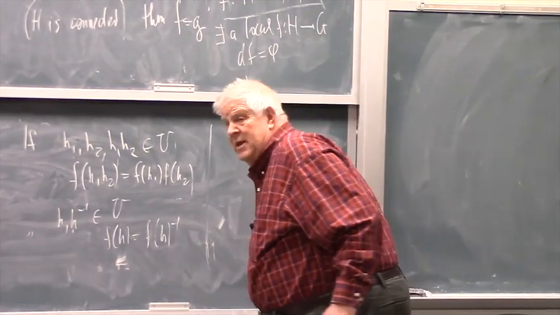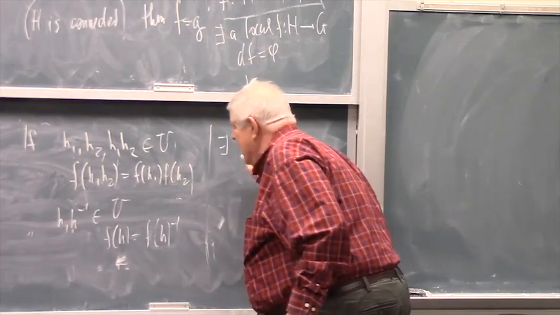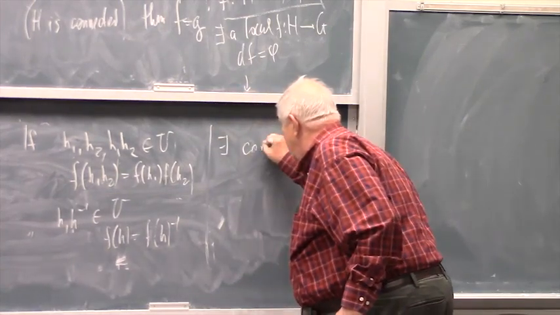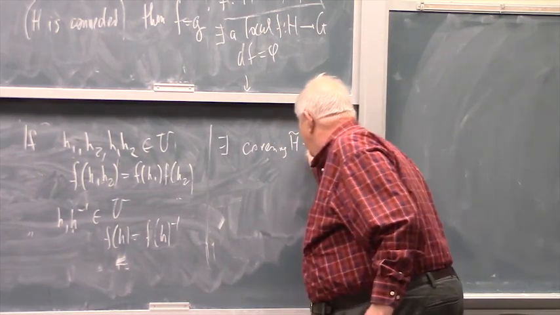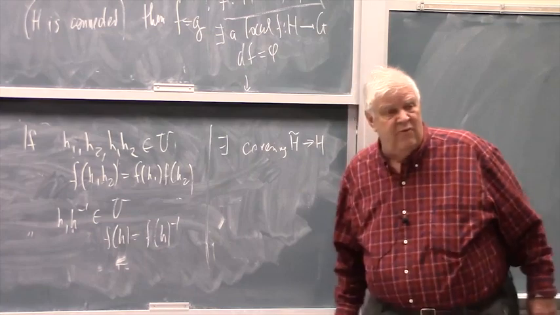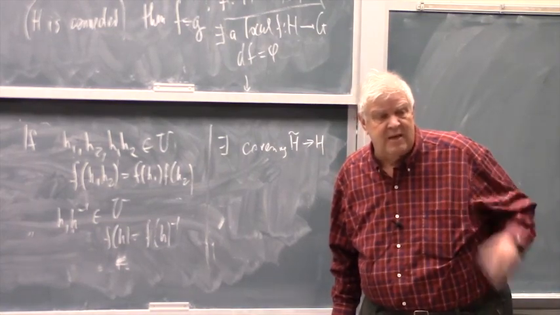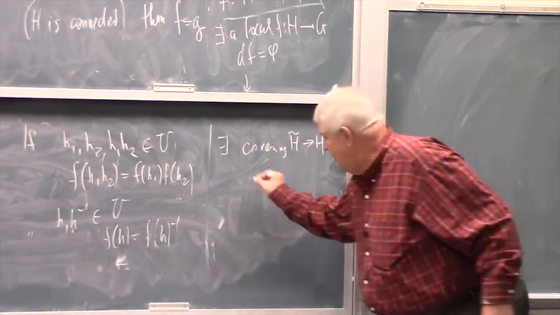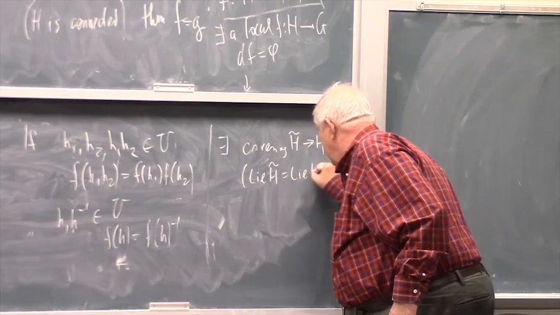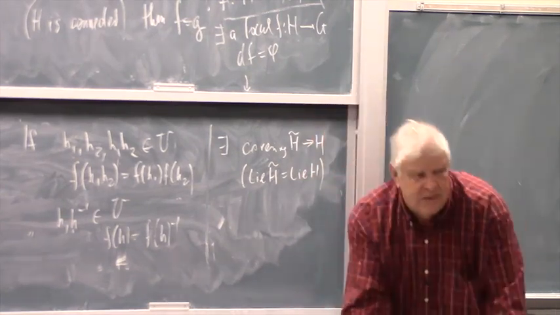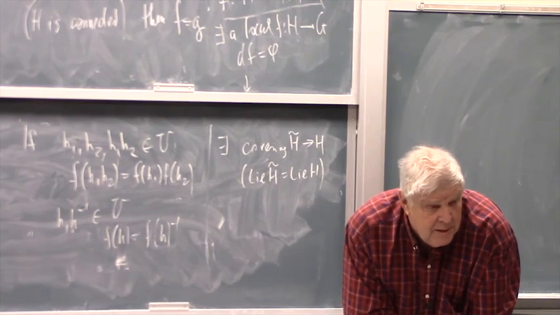Now, another statement. There exists a covering H tilde of H. This operation does not affect the Lie algebra. The projection is a local diffeomorphism, so in the neighborhood of E, these two groups are the same.